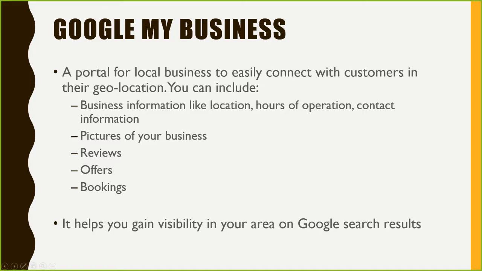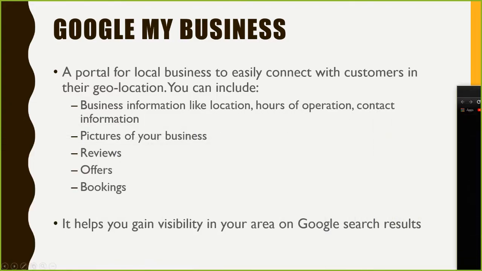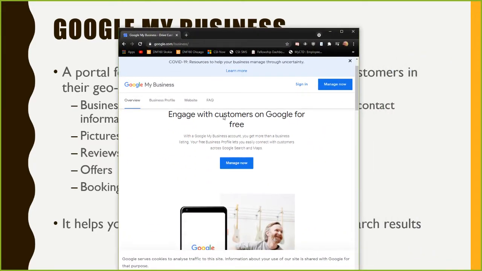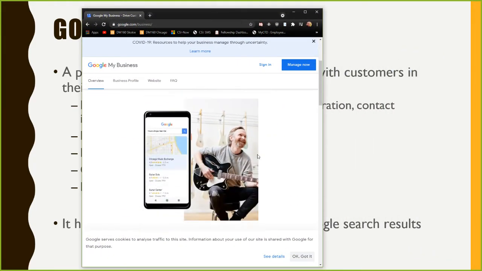Google My Business is a very nice way to search for local businesses and see what type of information they have. For example, if I go into Google My Business here, I will have to manage it here, but essentially if you look at any of these business pages, this is what Google My Business is.